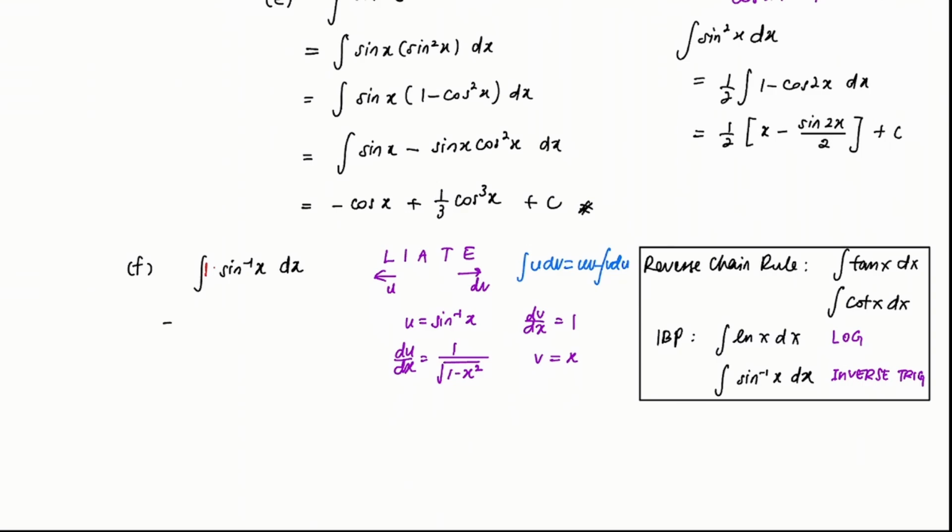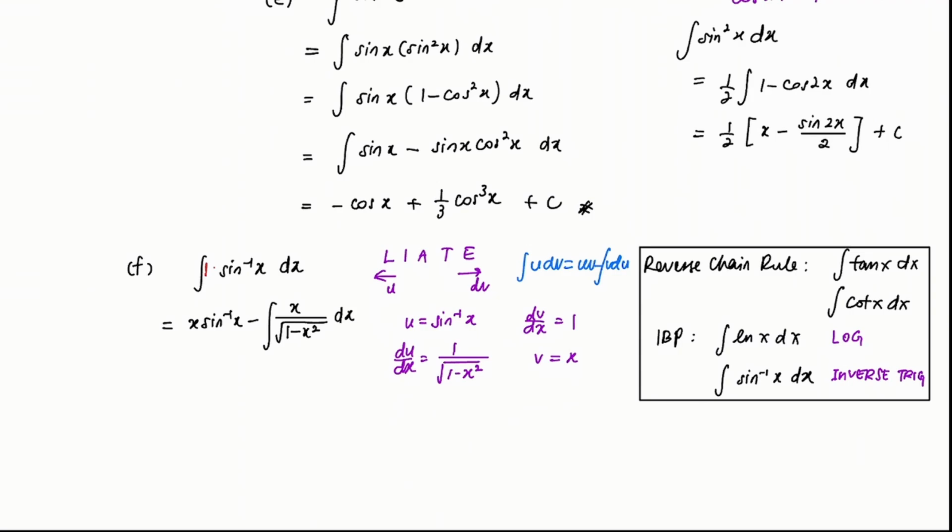Now what is uv together? This is x sine inverse x, minus the voodoo part over here, which becomes x over the square root of 1 minus x squared dx.